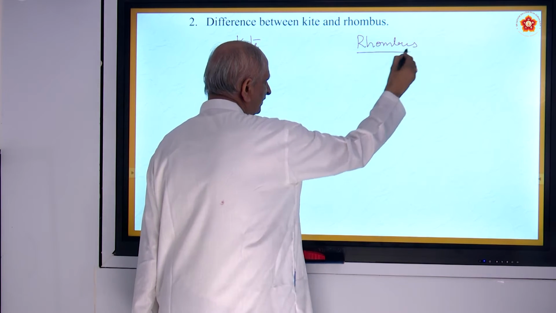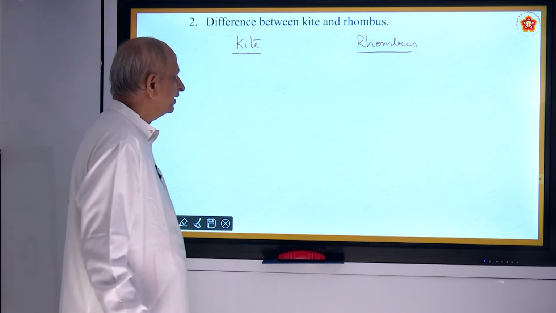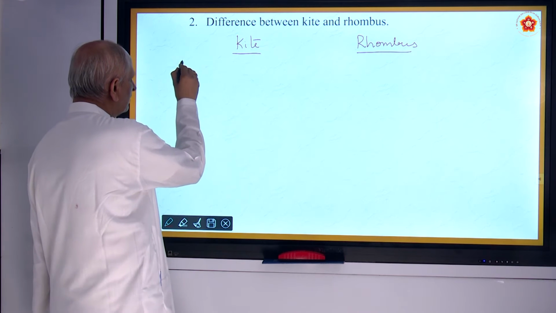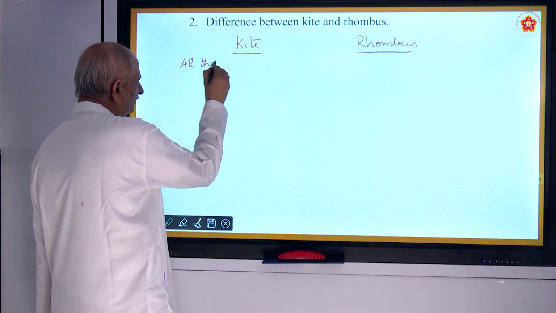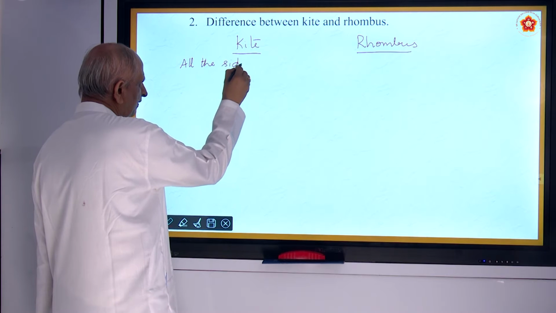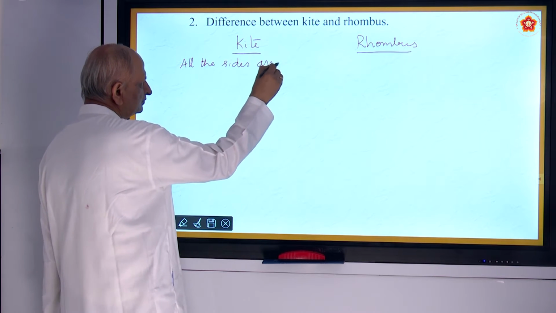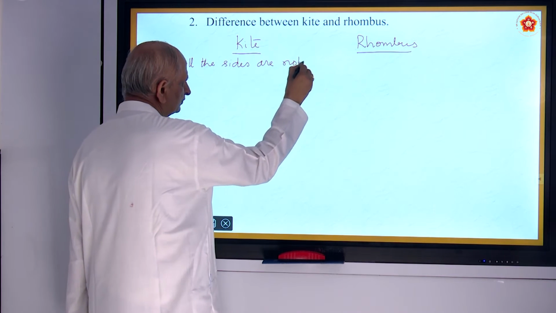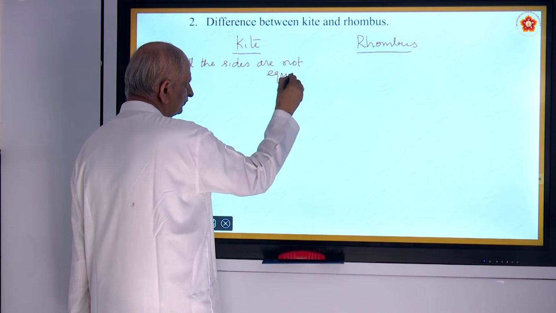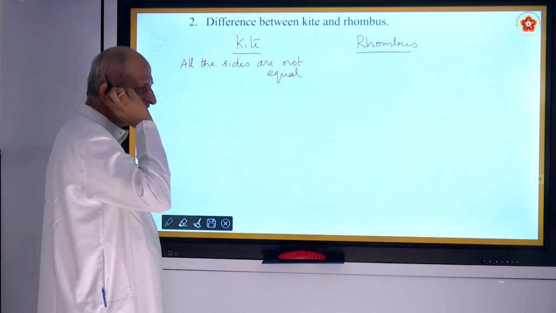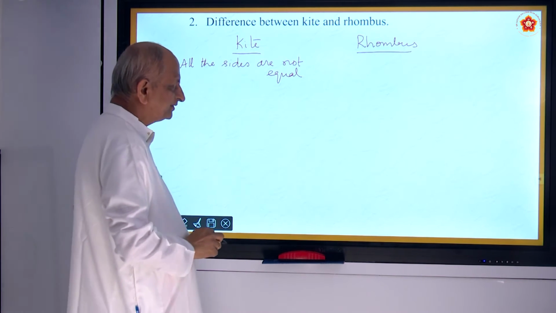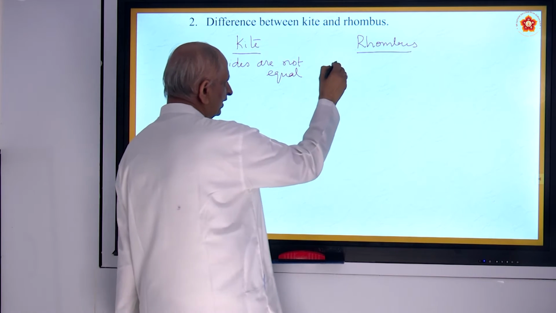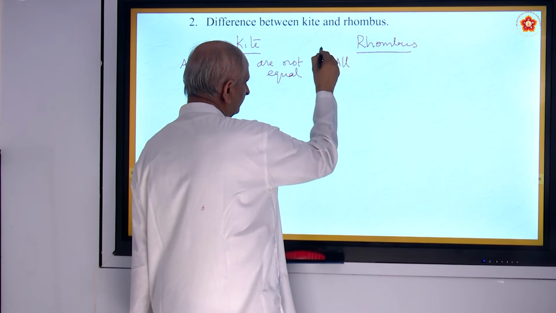So, in a kite, all the sides are not equal. Only adjacent sides are equal. Two pairs of adjacent sides are equal. Here, in a rhombus, all the sides are equal. That is the difference.